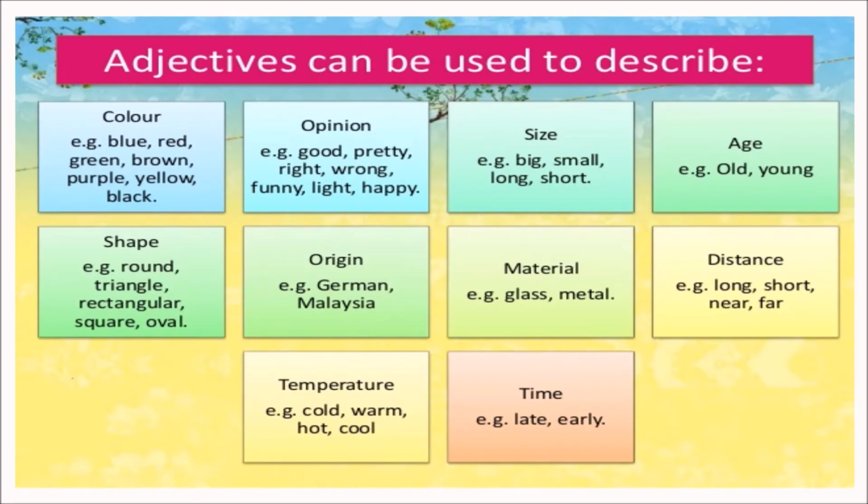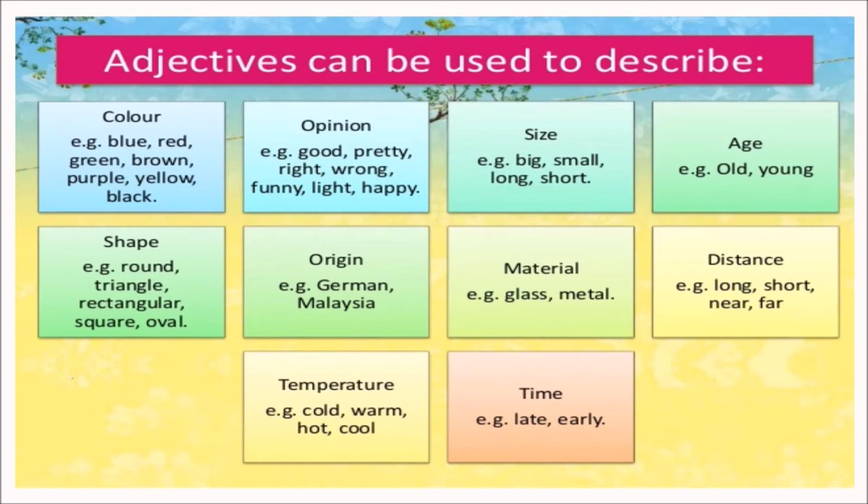Adjectives can be used to describe color, opinion, size, age, shape, origin, material, distance, temperature, and time. Color, for example, blue, red, green, brown, purple, yellow, black.